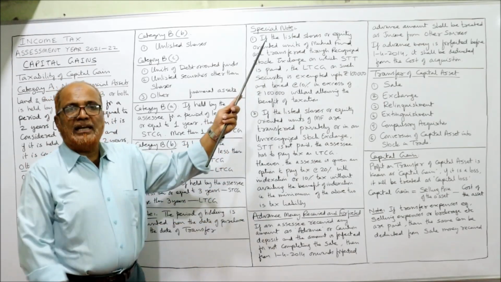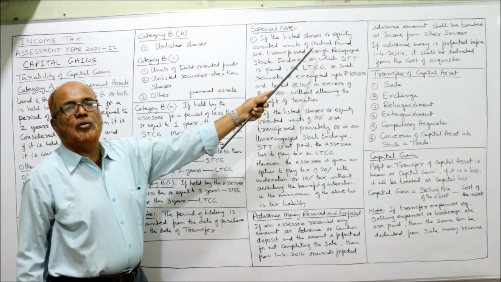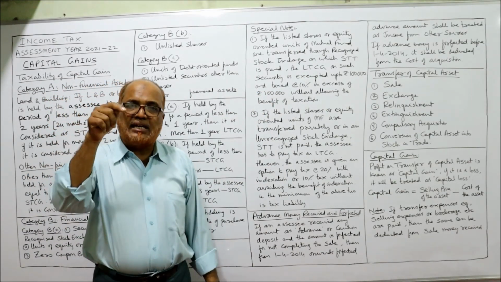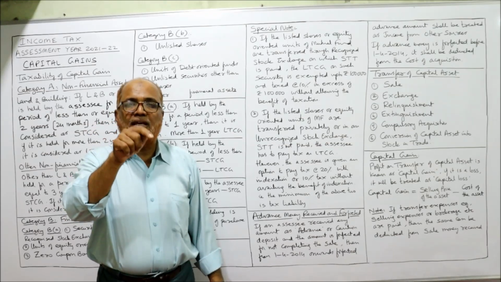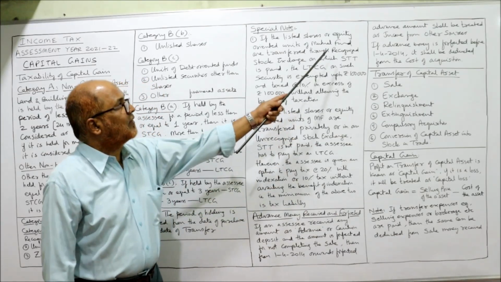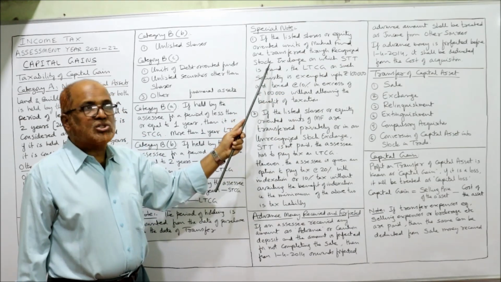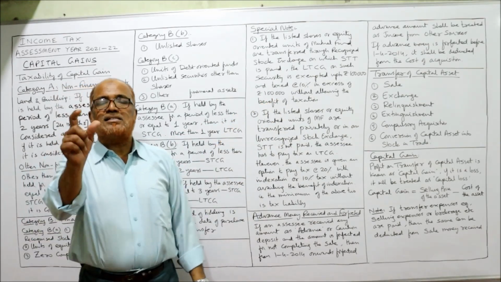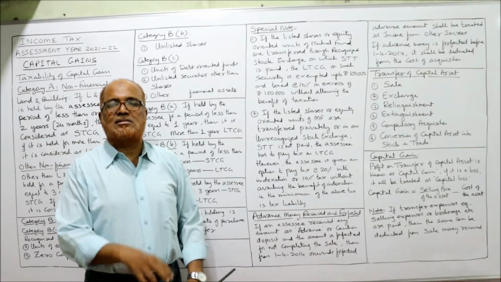First one, if the listed shares or equity oriented units of mutual fund, 2 items, are transferred through a recognized stock exchange on which STT is paid. STT stands for Security Transaction Tax.